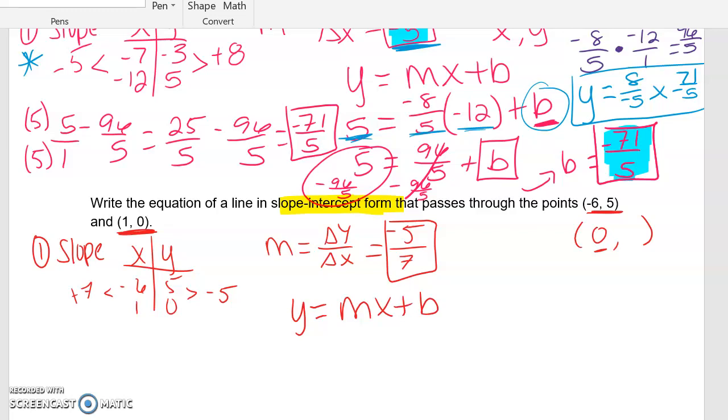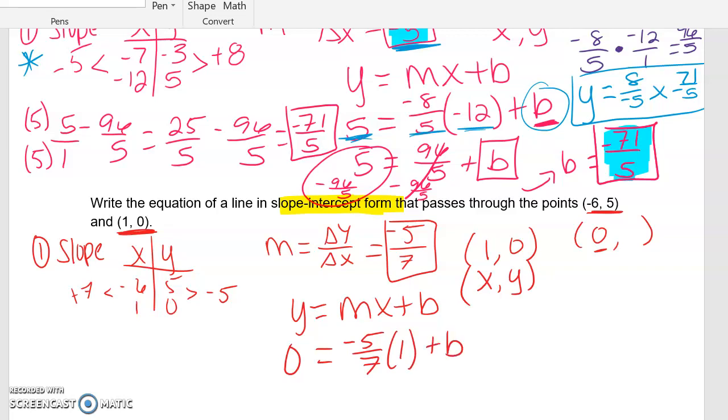I'm going to choose the point 1, 0, just because working with zeros is easier. So this is going to be my x and my y. So that becomes 0 is equal to my m, negative 5 over 7, my x is 1, plus b. Again, b is the value I'm solving for.